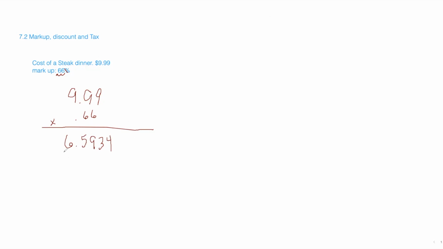Now what you have to do is add it to the original price. So you get $9.99, and of course we're rounding right here. We're actually just going to add the 6.59.